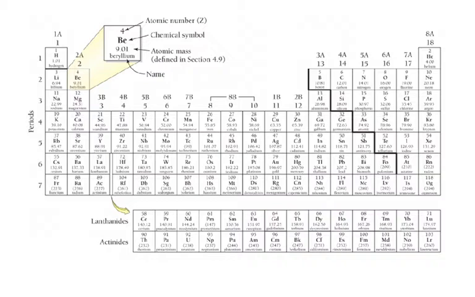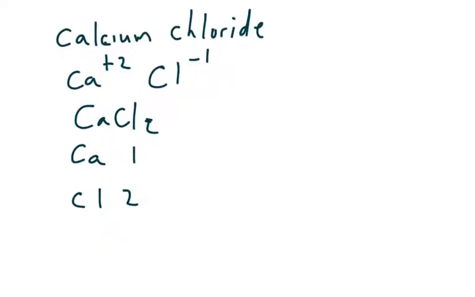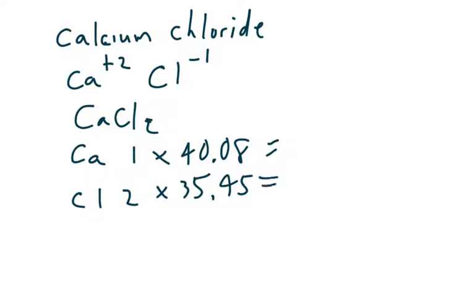Now, you go to the periodic table, and you'll notice the atomic mass of calcium is 40.08. Chlorine is 35.45. Once you get the atomic masses, let's write that down here: 40.08 and 35.45. And if you remember the molar mass, you basically multiply across.